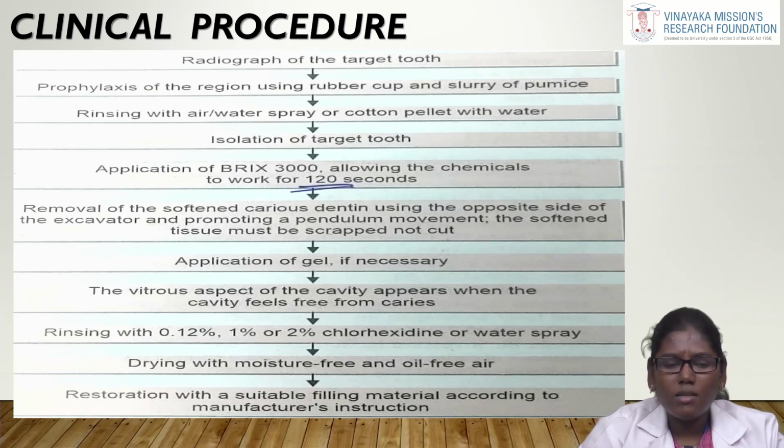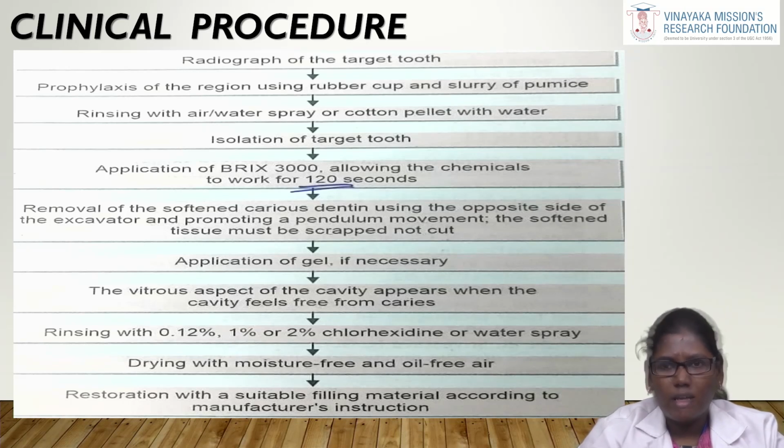After proper isolation, application of Brix 3000 gel needs to be done in the cavity, allowing the gel to work for 120 seconds, and after making sure that it shows a cloudy appearance, which indicates a softened carious lesion, with the use of an excavator with a pendulum movement, the softened carious lesion is completely scraped out from the cavity.